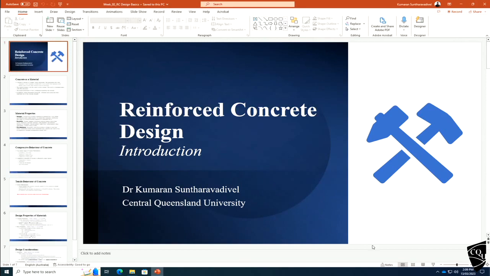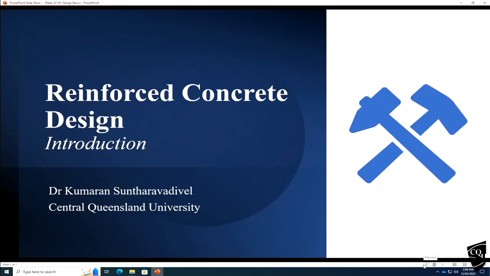So last week we talked about where to find loads, dead loads and live loads. And we also discussed the structural design process and the load combinations and everything. So technically you should know what the loads acting on the structural member are.